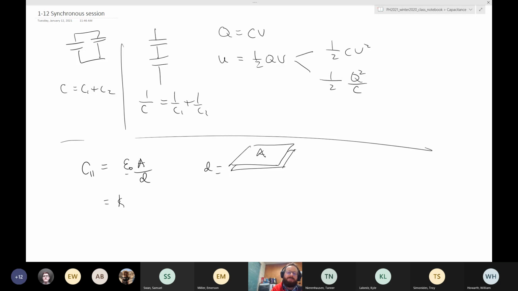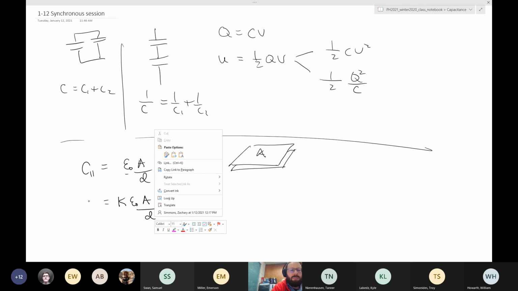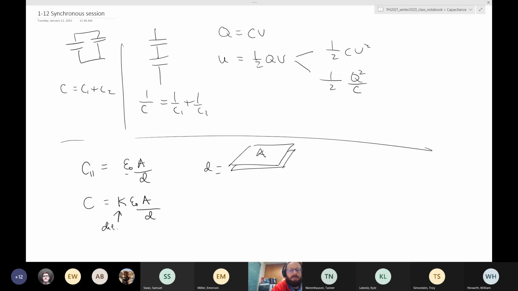You get a factor K. This is the dielectric constant. And this is just a number. It doesn't have any units. You're just multiplying the initial capacitance by some number.